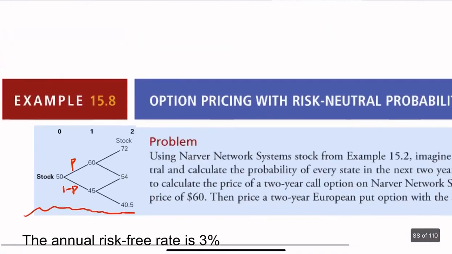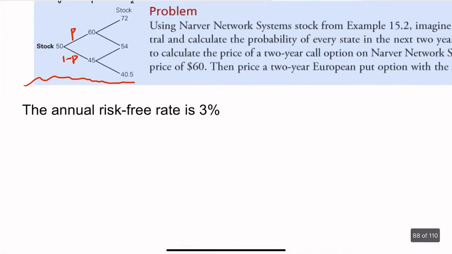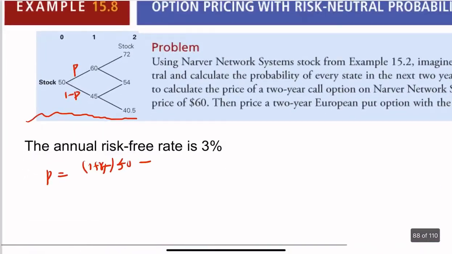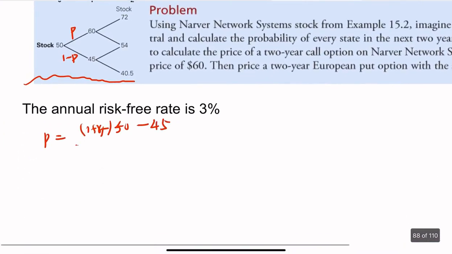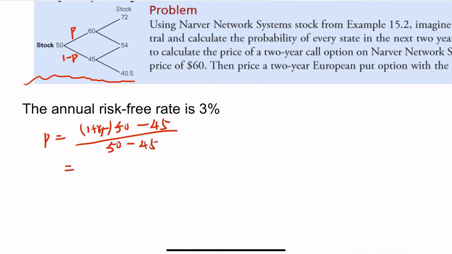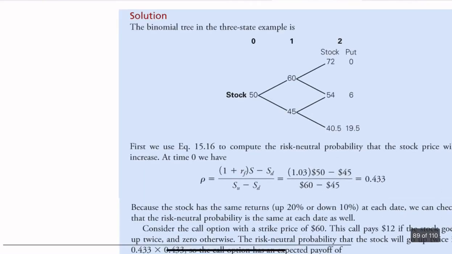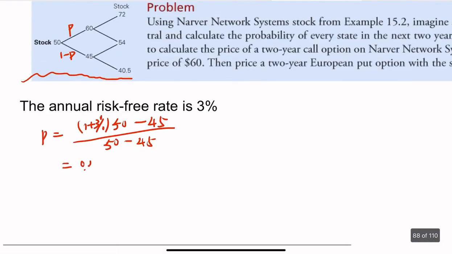So P equals 1 plus RF times today's share price 50 minus SD, so minus 45, divided by 50 minus 45. Oh, we still have to plug in RF here. So the risk-free rate is assumed to be 3%. So this gives us 0.433, right? 0.433.